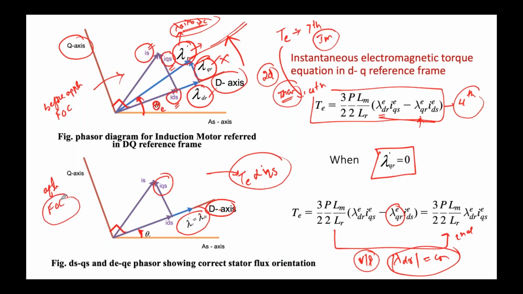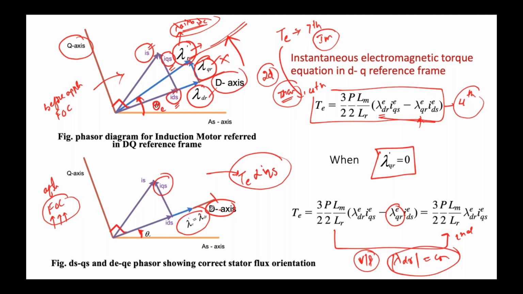Please try to understand: simply by applying the transformation, don't think your torque equation becomes linear. It will not. After adopting the field orientation method, FOC full form is field orientation control. They are trying to bring the d-axis in phase with the rotor flux vector.